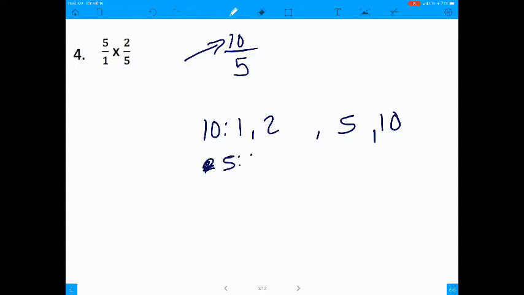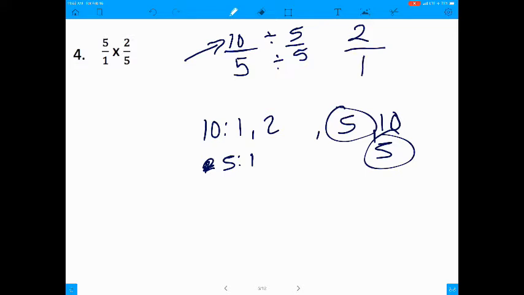So for the number 5, we have 1 and 5, they both share 5. So I'm going to divide the numerator by 5 and the denominator by 5, and we get 2 over 1, which equals the number 2.